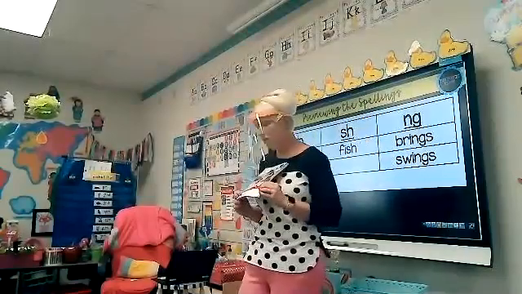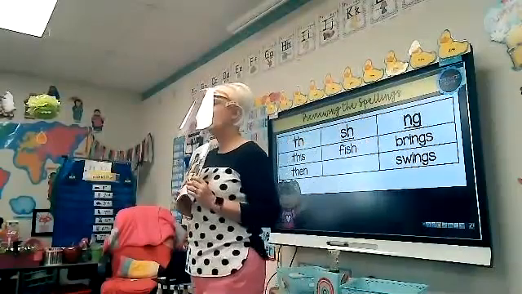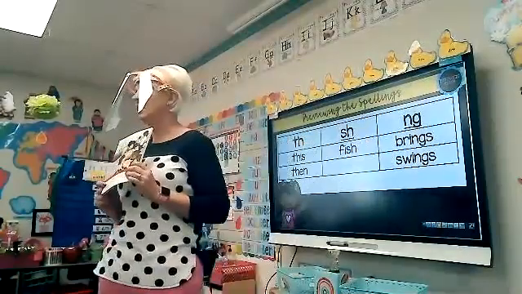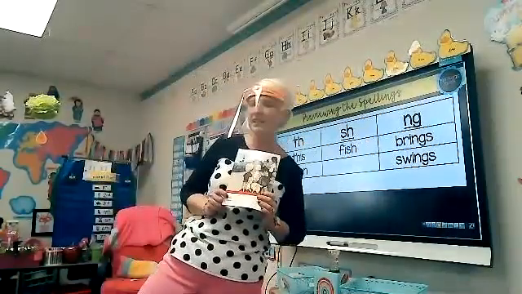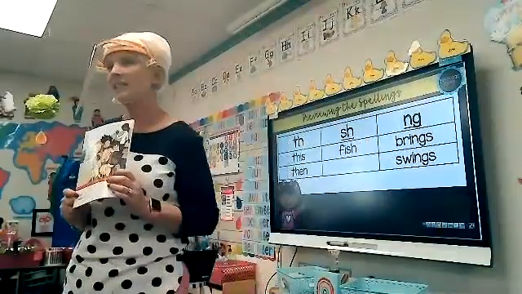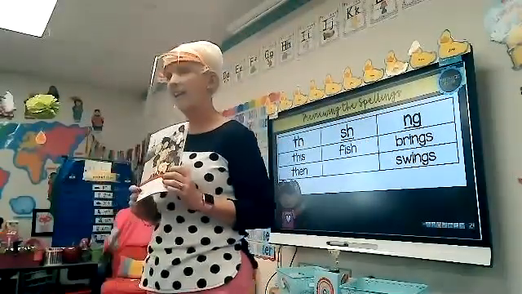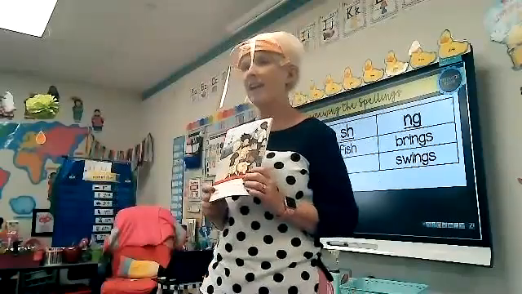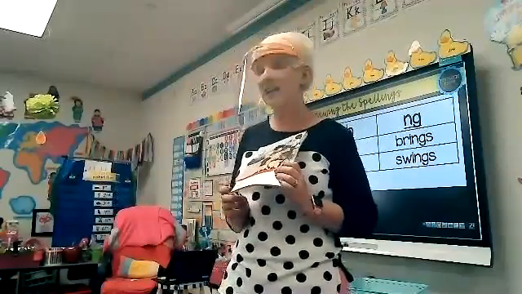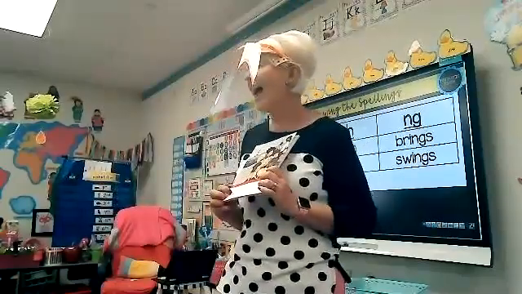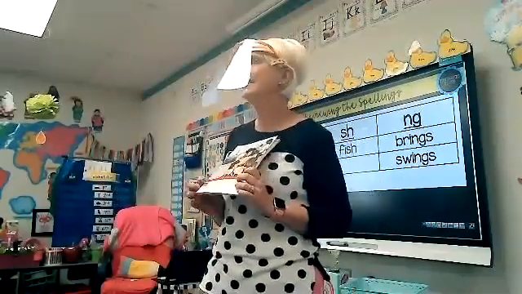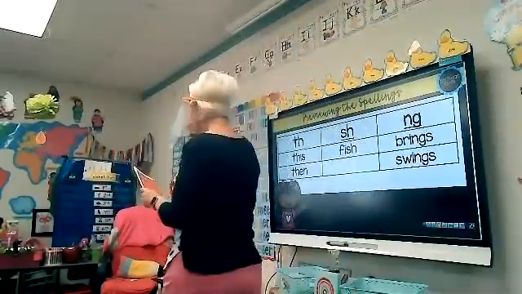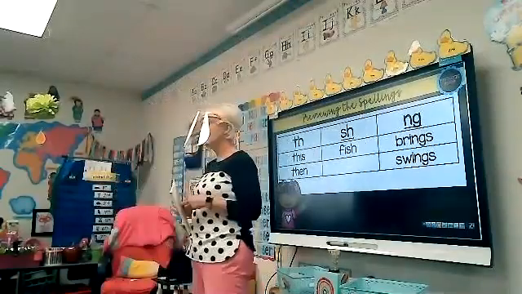All right. Down here at the bottom, it has the title. You can read that title for me. Sam. Good. So this book, the title of it is called Sam.